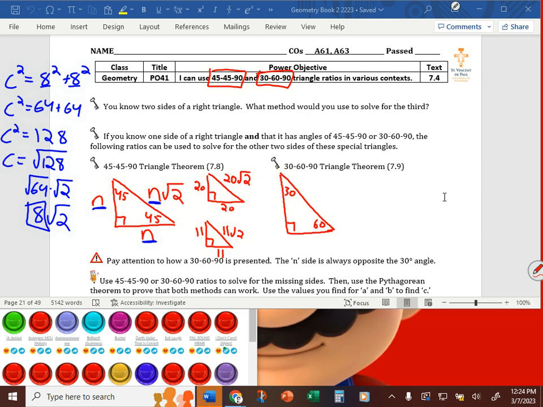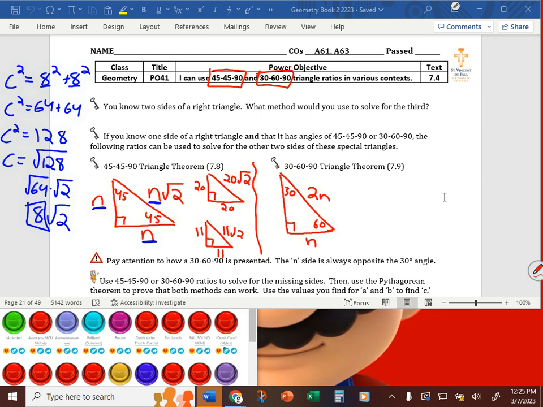The side opposite your 30-degree angle, so the shortest side of this right triangle, is going to be your n. Now the relationship between the short side and the hypotenuse of a 30, 60, 90 triangle is that the hypotenuse will always be double what the short leg is.